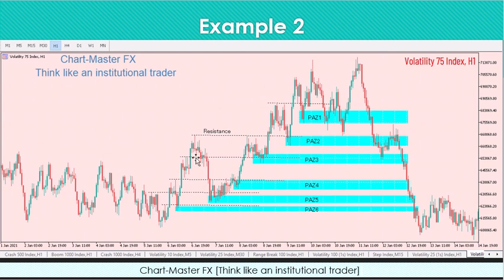Come to this one, the resistance here, the price broke up, came to engulf with a flag limit, draw your price action zone. Here we can see we have a left shoulder, the price reacted here, there's a kink here, you draw your price action zone. Here on this left shoulder, price reacted somehow, you draw your price action zone.